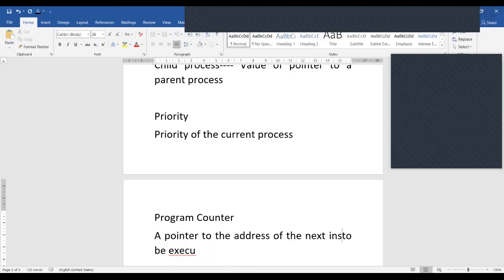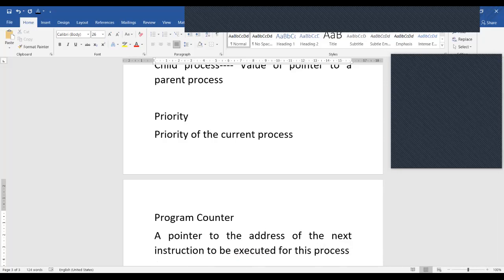Spelling is wrong. Instruction to be executed for this process. That means a pointer to the address of the next instruction to be executed for this process.